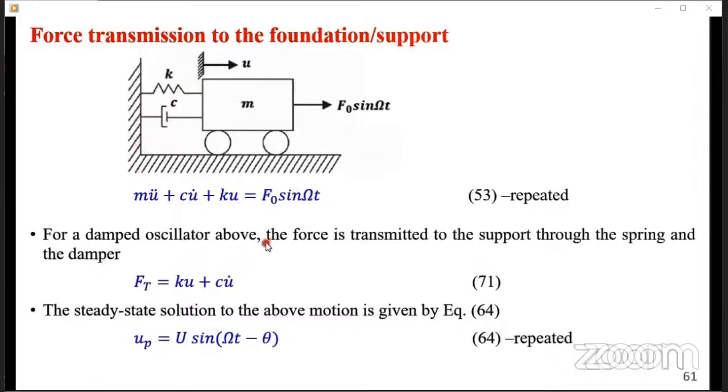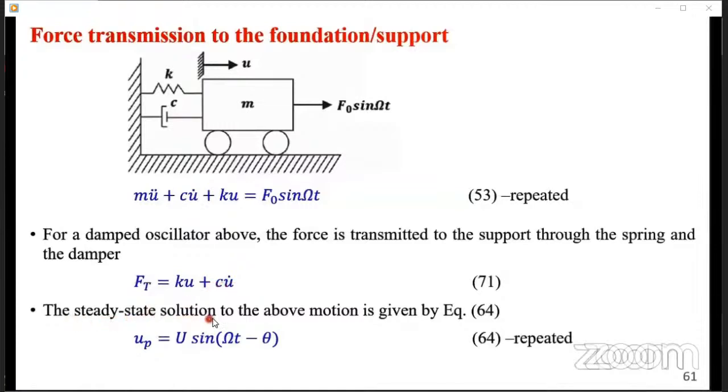So the force that is transmitted to the support will be transmitted through the spring and the damper. So the force that will be experienced on this support is transmitted. The F total transmitted to the support is transmitted by the stiffness, by the spring stiffness, K, and the damping, C v.